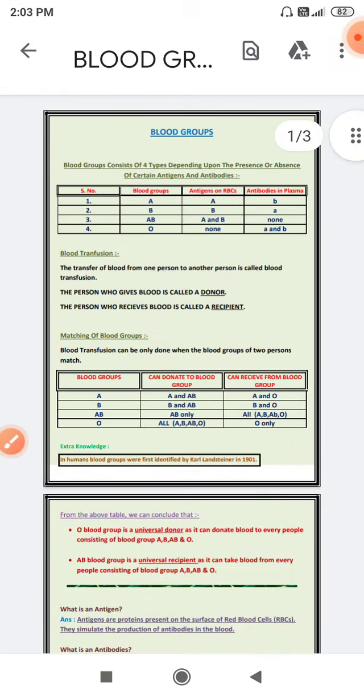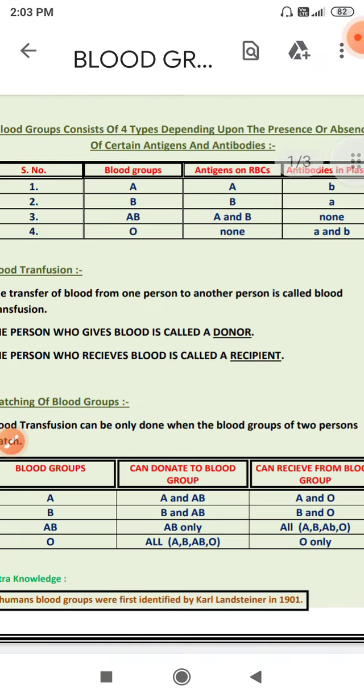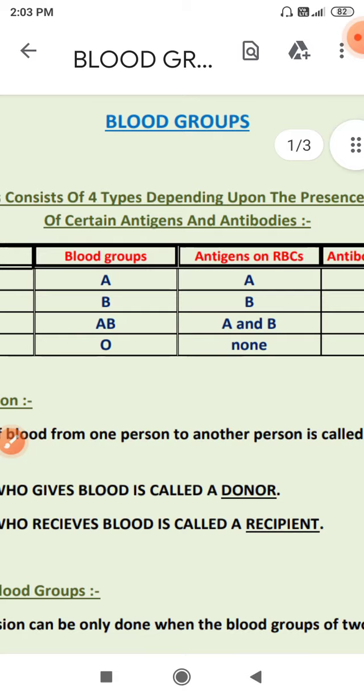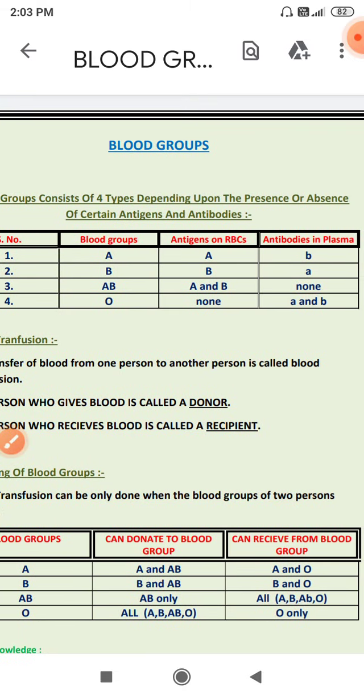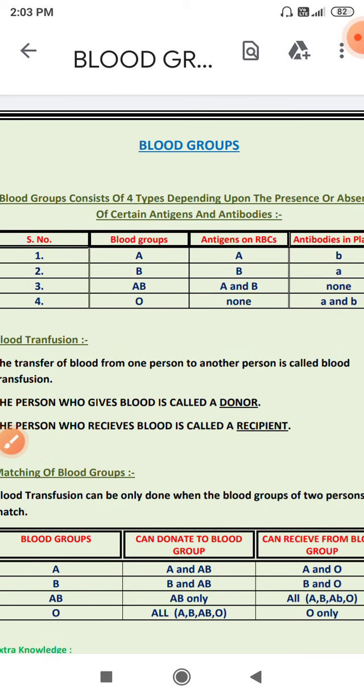Now let us directly proceed into the main topic. Blood groups consist of 4 types depending upon the presence or absence of certain antigens and antibodies.